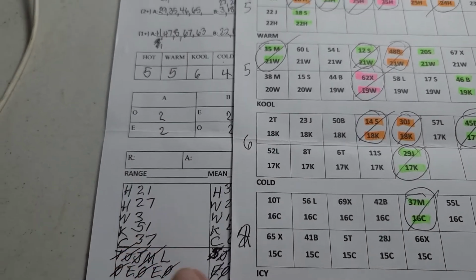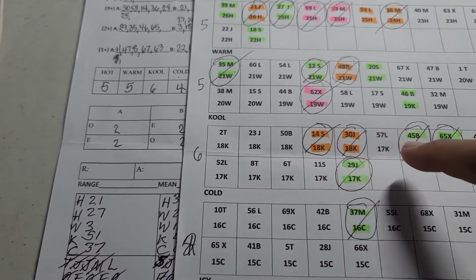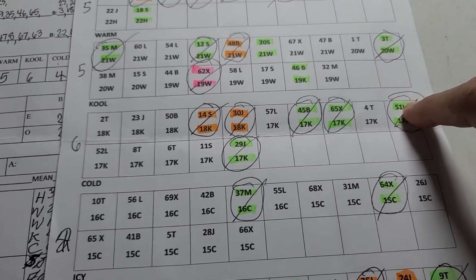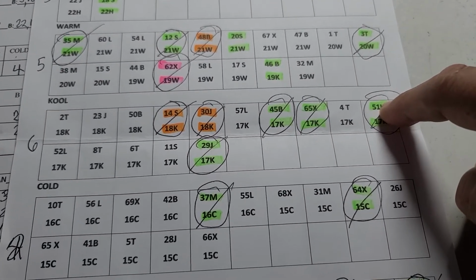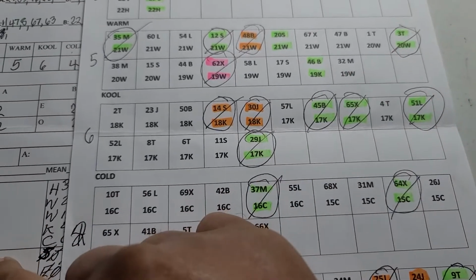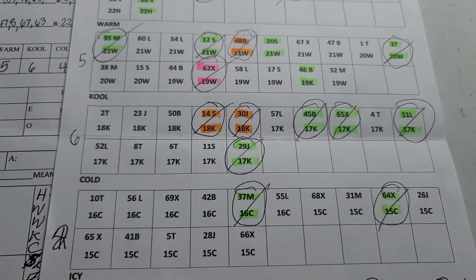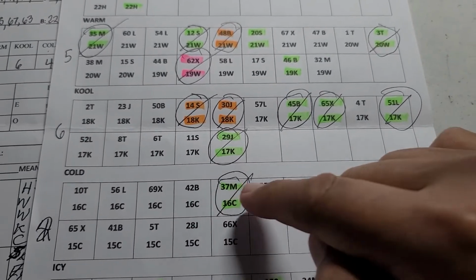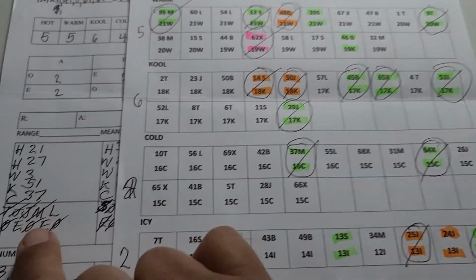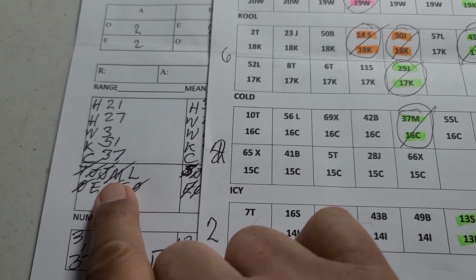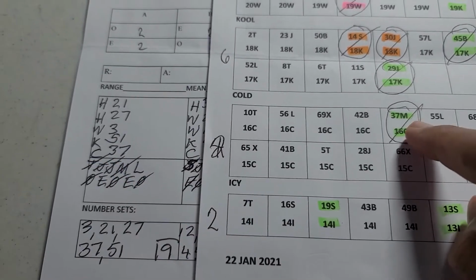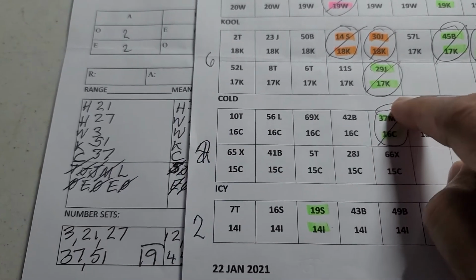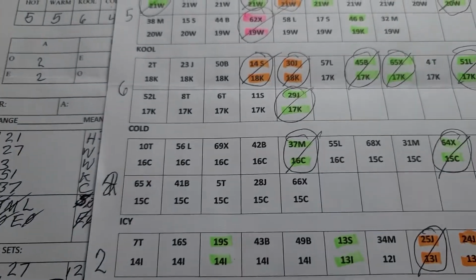It's a large number, and a large number is marked off right here. Then the final number is C, a cold number, and it needed to be an M. 37 is an M, and it's also a cold number, so 37 was chosen and marked out.